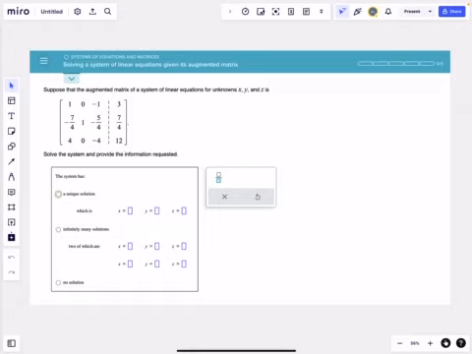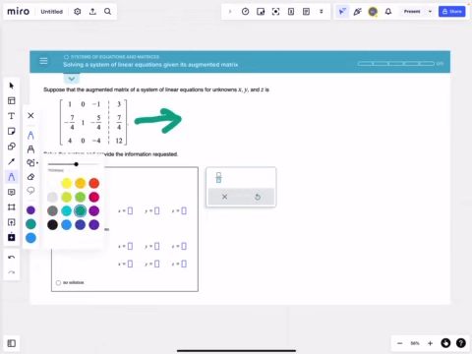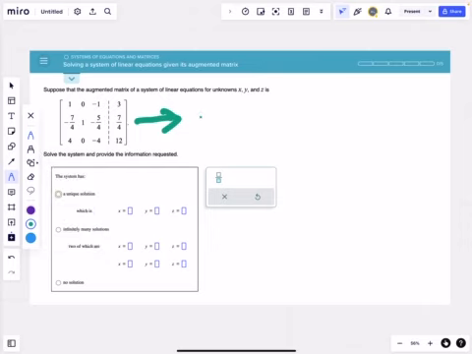All right, so first I want to make sure that you recognize what this augmented matrix really represents. This really represents a system of equations, and they're telling us it's x, y, z, and constant.